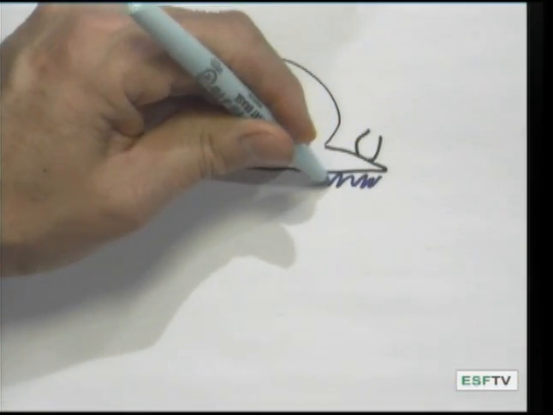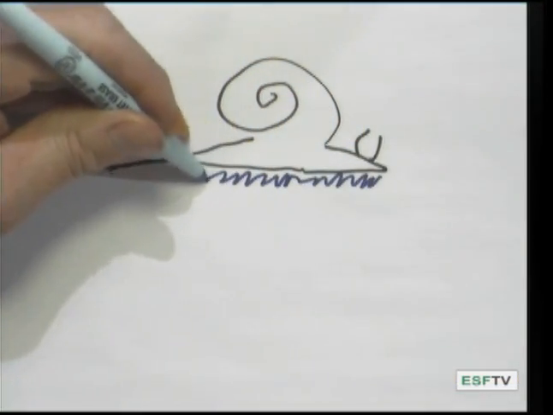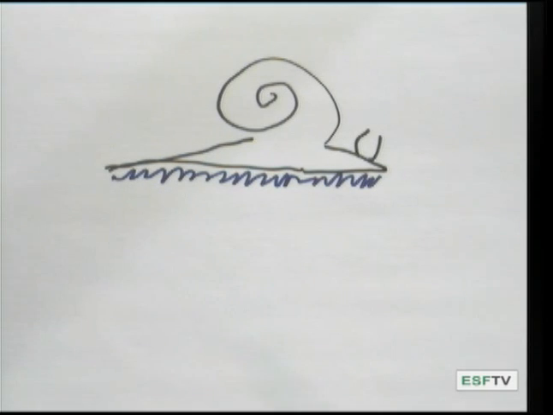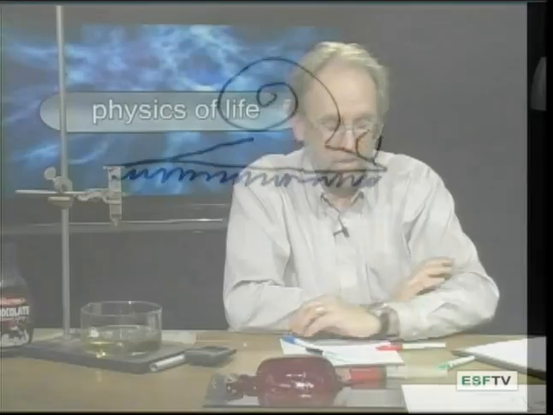And of course, one of the interesting questions one can ask is, how is it that it manages to do this? Well, it turns out that the snail secretes a mucus, which is a typical viscoelastic material, onto the surface of the glass, and that mucus behaves differently under different kinds of shear rates.